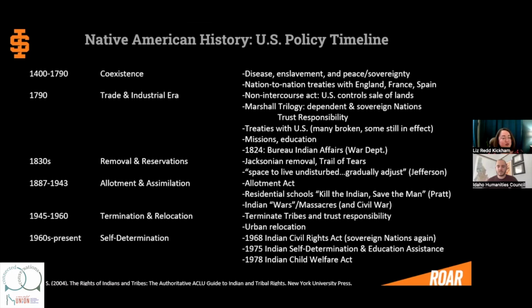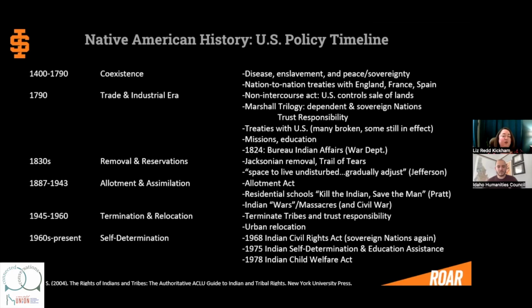The residential schools were established, with forced attendance at residential schools to, in effect, do what Pratt advocated for, which was, kill the Indian, save the man. The point of this was to assimilate Native peoples, to teach them European ways of using the land and engaging with subsistence and farming.